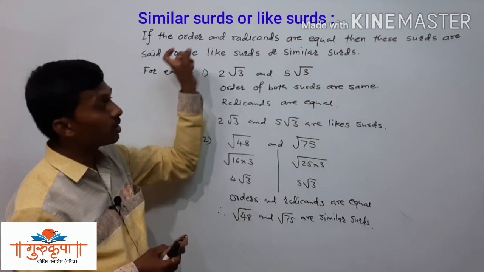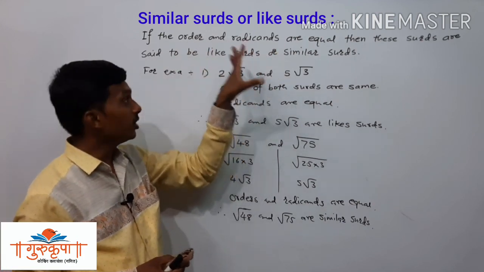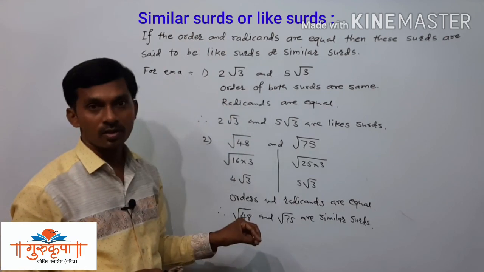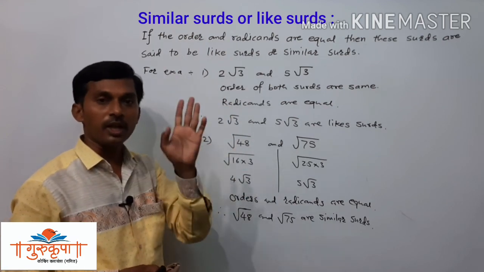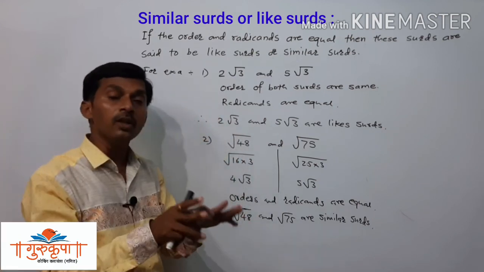This is a very important concept since we have to do addition, subtraction, multiplication and division of surds. While taking addition or subtraction, it is very important that the given surds should be similar surds.